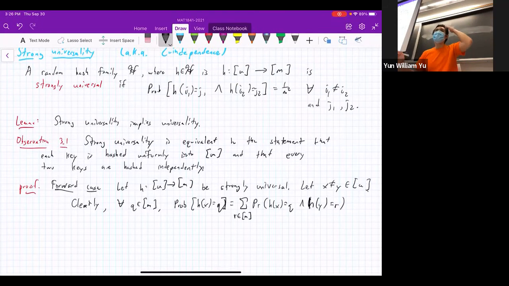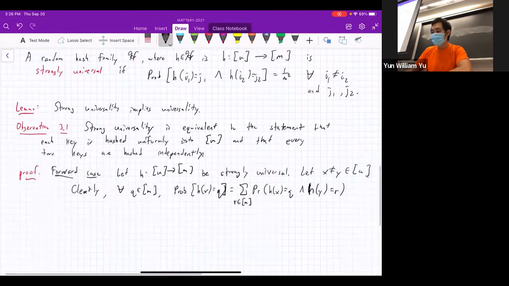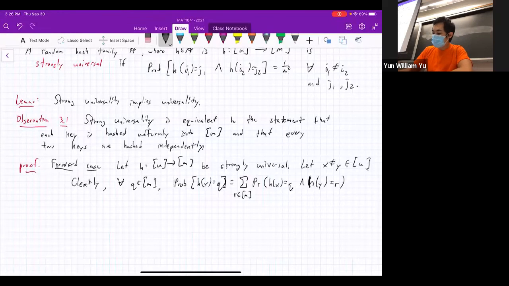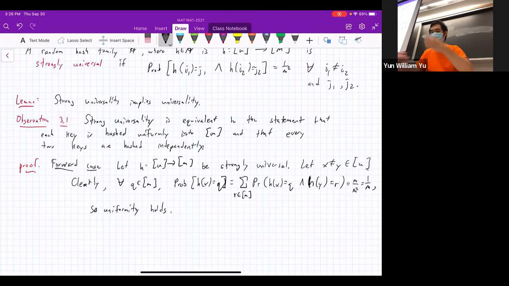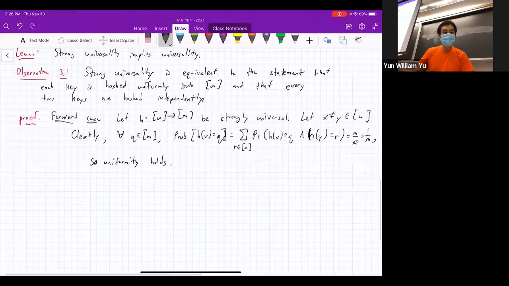Okay, because our definition only talked about pairs. And so here we're just arbitrarily summing over all the other possible y's and r's. Well, what's this equal to? This is equal to m over m squared, which is equal to 1 over m. So uniformity holds. Actually, I think this also, together with the independence, proves the universality. But anyway, that's part of the forward case.